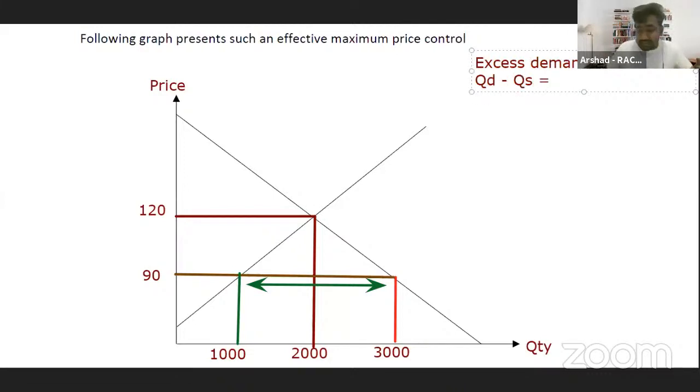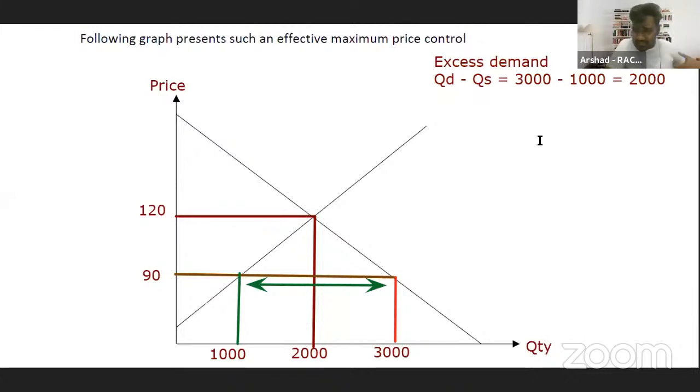So our quantity demand is 3,000, our quantity supplied is 1,000, and we have an excess demand of 2,000, right? So that is the story of our excess demand. Guys, now, no, the shortage is not the deadweight loss, guys. I will come into the deadweight loss story, okay? Give me some time, okay?